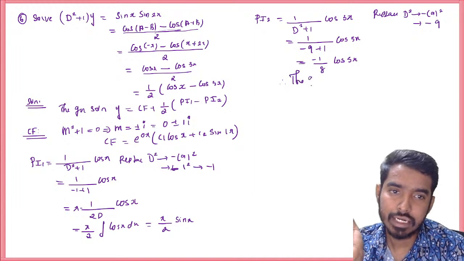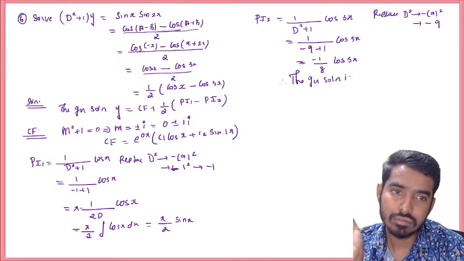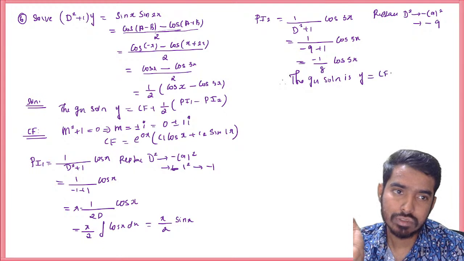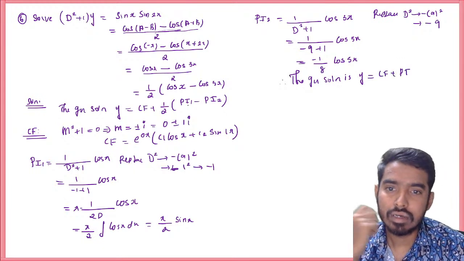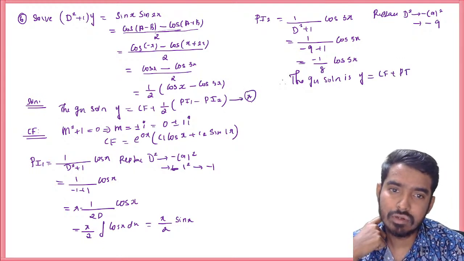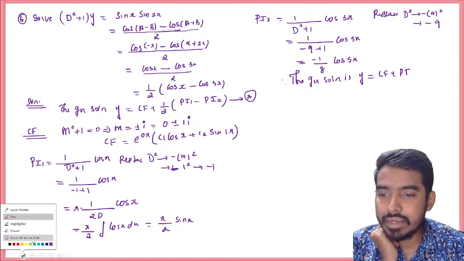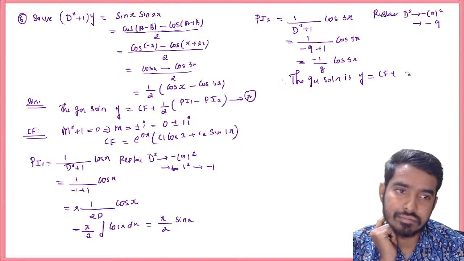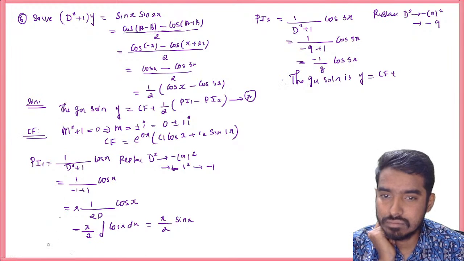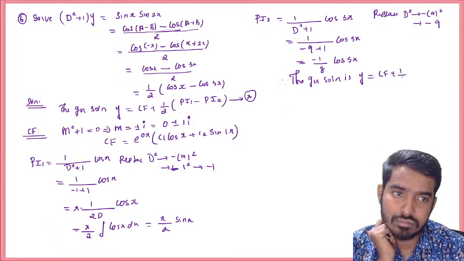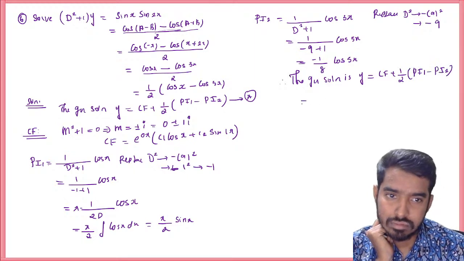Therefore, the general solution is y is equal to CF plus, substitute back here, right? The general solution is 1 by 2 pi1 minus pi2, right? So what is CF?